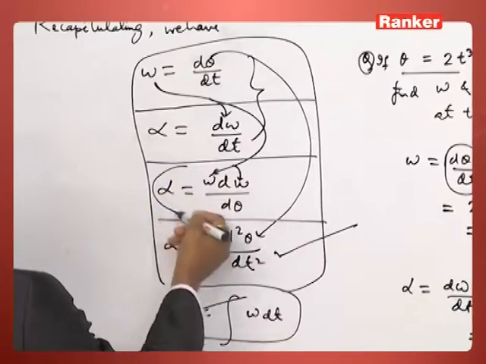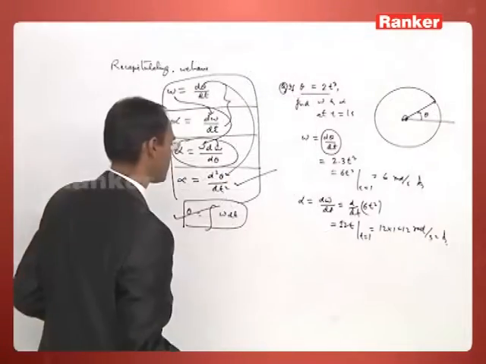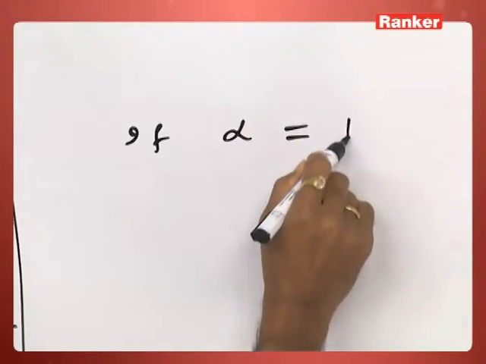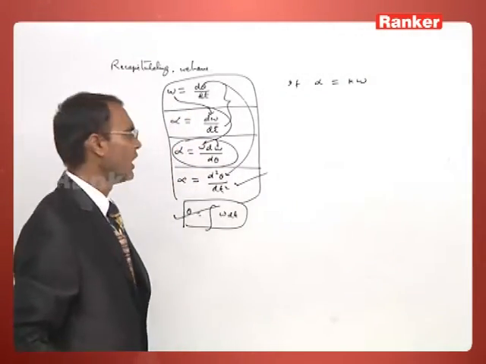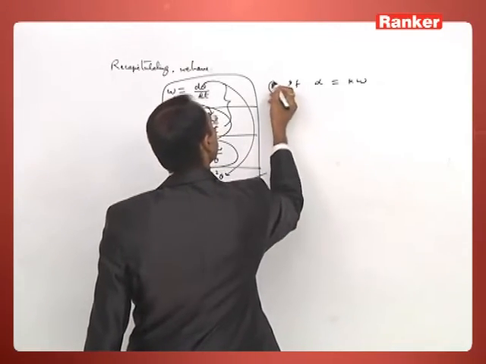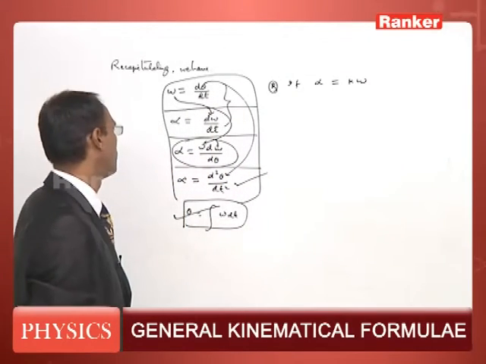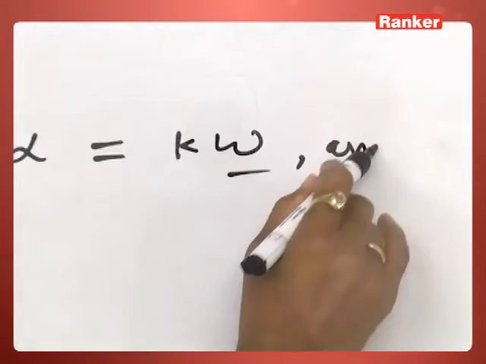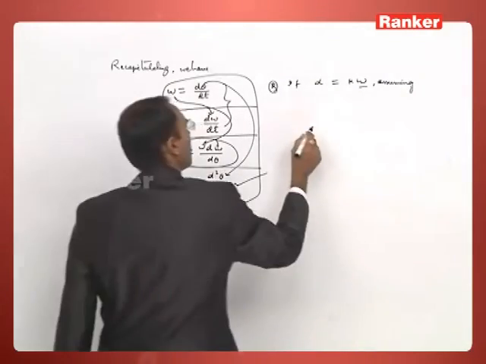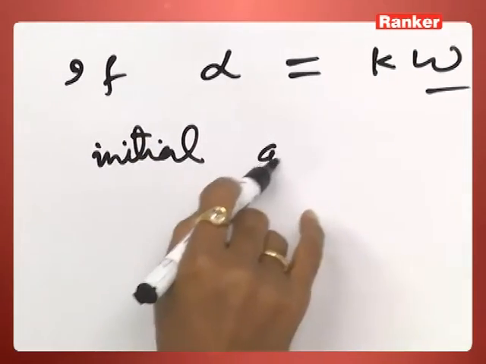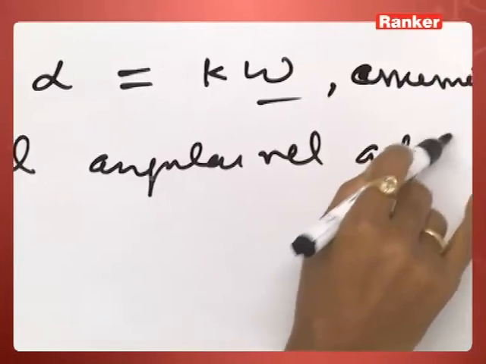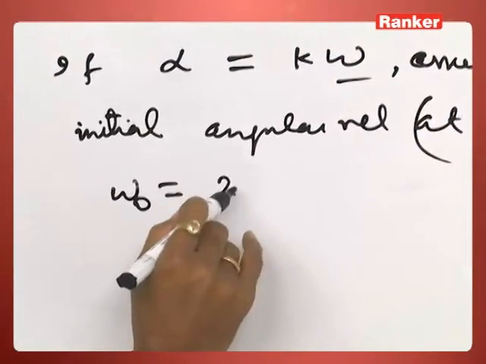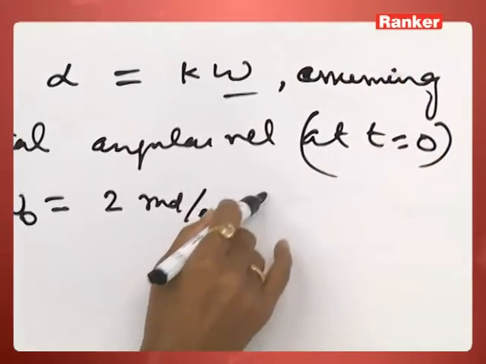Now, let us take an example to use this formula. If alpha is equal to k into omega, if the angular acceleration of a rigid body is directly proportional to the angular velocity, assuming initial angular velocity at time t equal to 0, that is called initial, omega naught is equal to 2 radian per second, k is equal to 1.